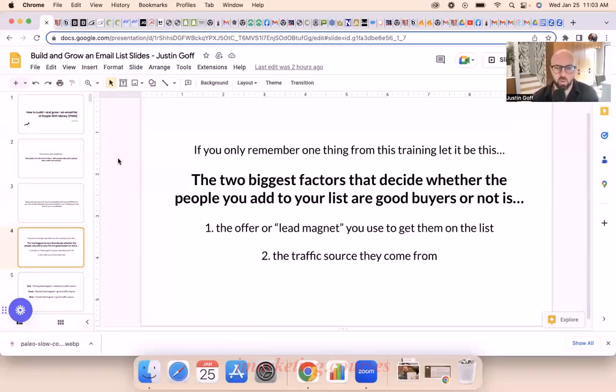This is probably one of the most important slides in the whole presentation, and I really want to hammer on this. So if you only remember one thing from this entire training, let it be this. The two biggest factors that decide whether or not the people you add to your list are good buyers are the offer or lead magnet you use to get them on the list, and we're going to go over a bunch of examples of good ones and bad ones, and the second is the traffic source they come from.